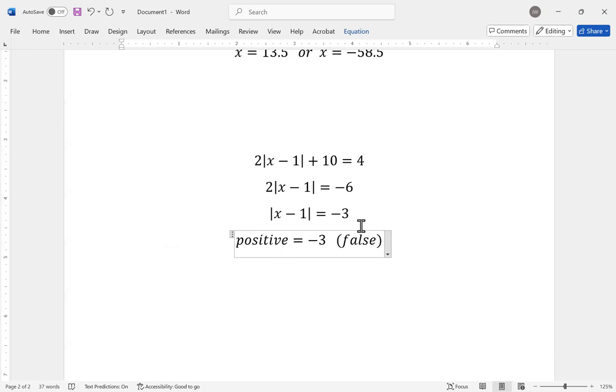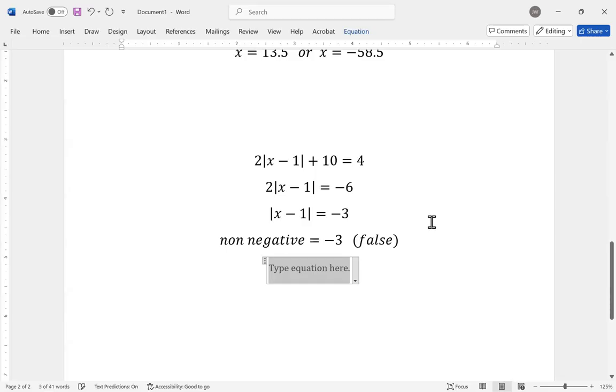Something that's non-negative, so that means positive or 0, equaling negative 3, that's obviously false. And so what this means is that this absolute value equation has no solution. There's nothing you can plug in for x in order to solve this.